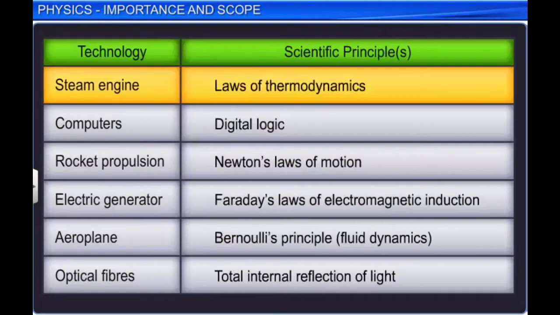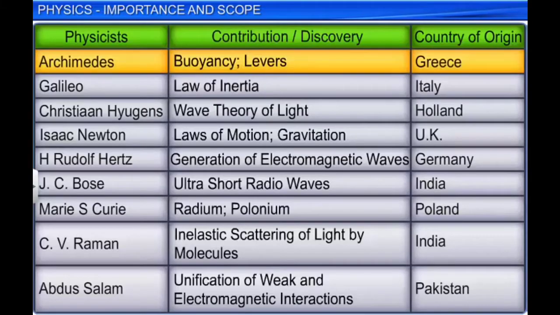Physics is closely connected to technology and society. Most of the modern technologies are contributions from the realm of physics and work on one or the other scientific principle. Here are some of such technologies. These contributions came from all over the world.